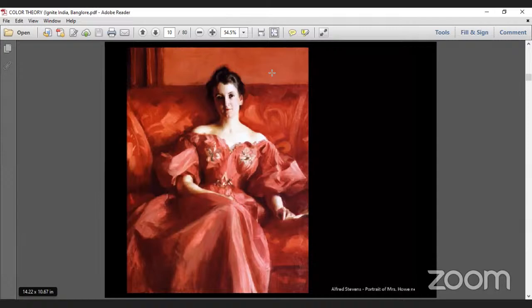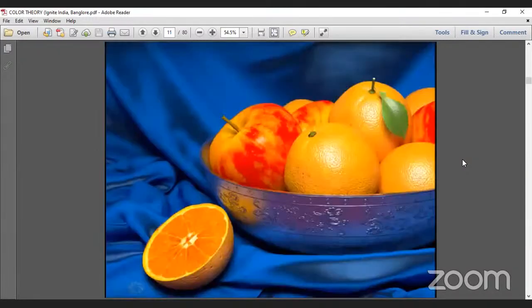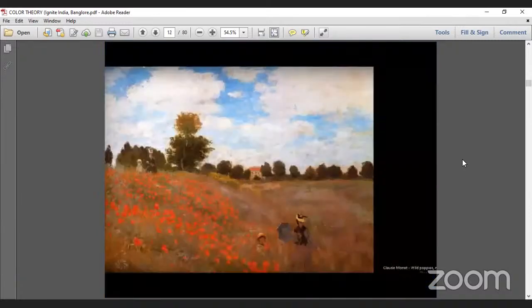That's how this whole composition has been formed. Okay, so this is a monochromatic composition formed with one single color. This is a rich sense of contrast, what you can see over here.